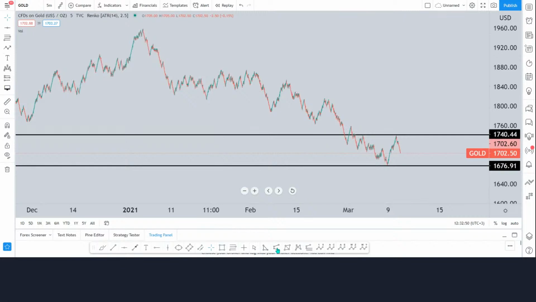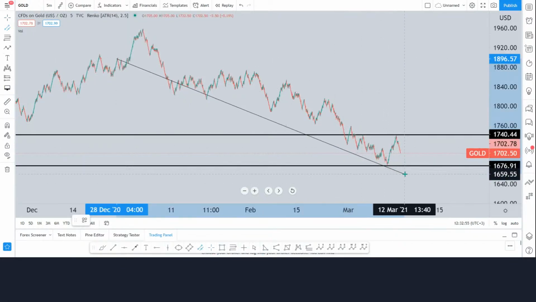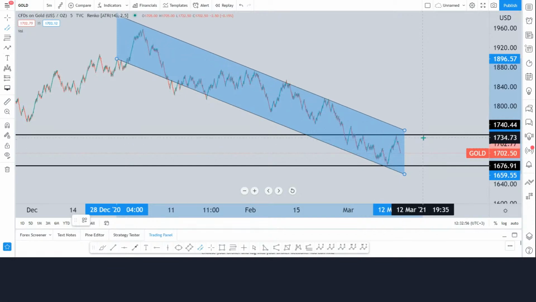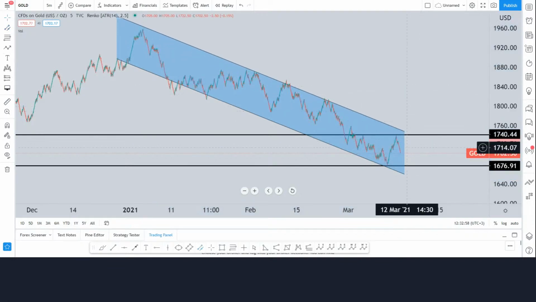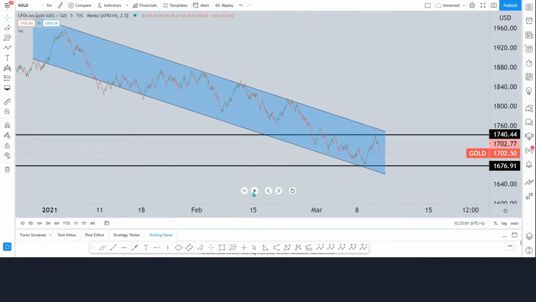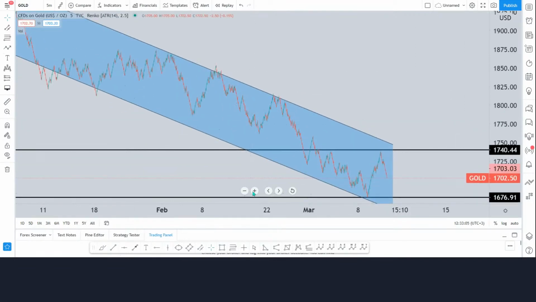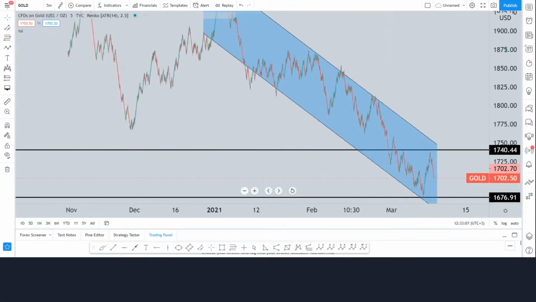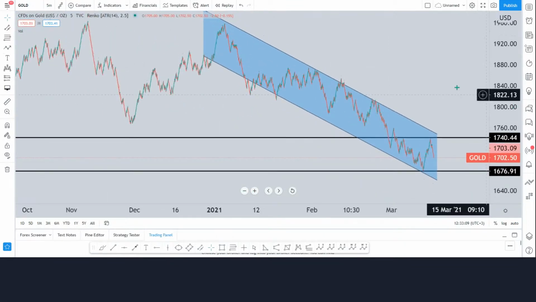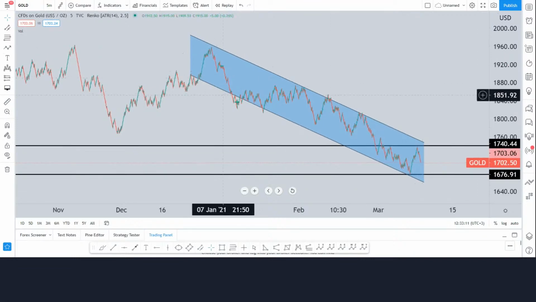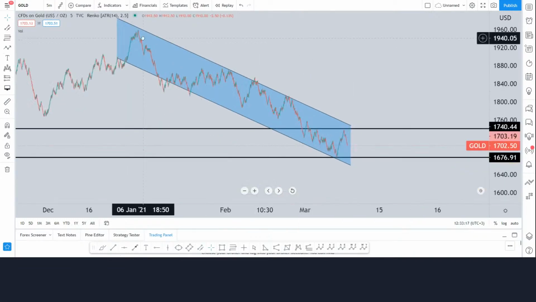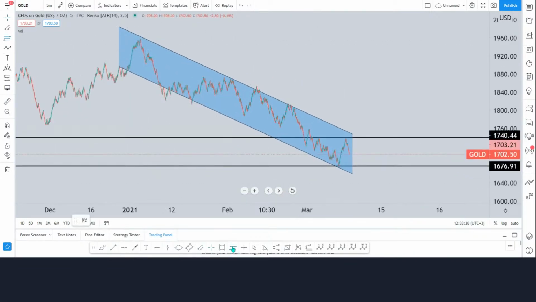So you can also make a channel. You can get the Fibonacci level on this line to this one.